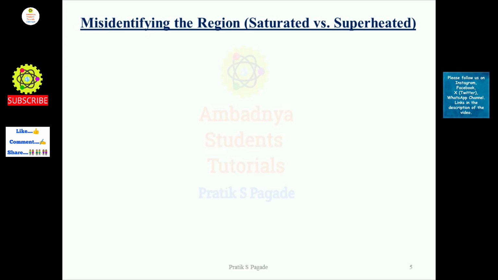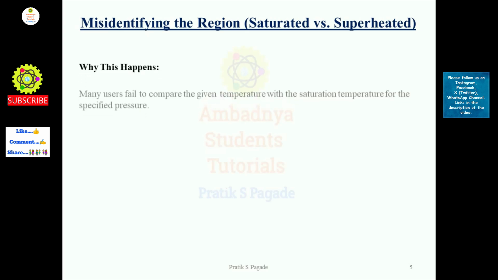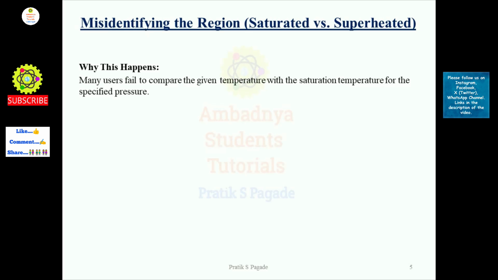Identifying the region: saturated versus superheated. So why does this happen? Many users fail to compare the given temperatures with the saturation temperature for the specified pressures. For example, for P equal to 1 megapascal, T saturation is equal to 179.91 degrees Celsius.